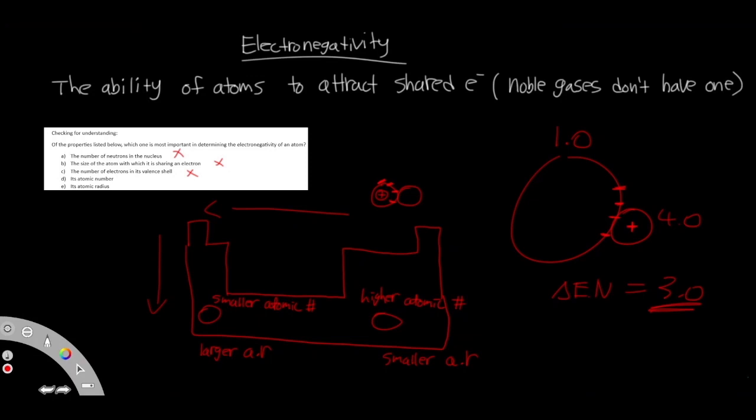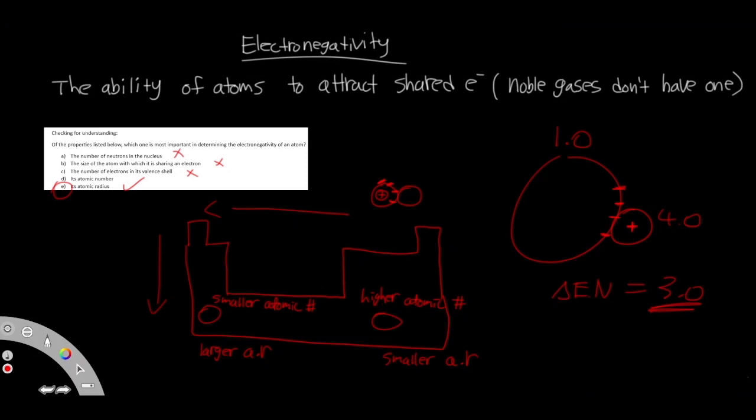But here, this is a larger atomic radii, despite having a smaller atomic number. So the atomic number doesn't really have to deal with it. It's more so the atomic radii. So this here would be the answer. The atomic radii, regardless of where it is on the periodic table.